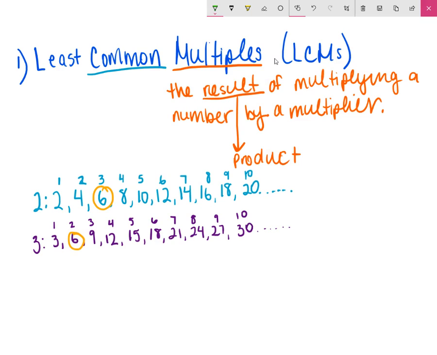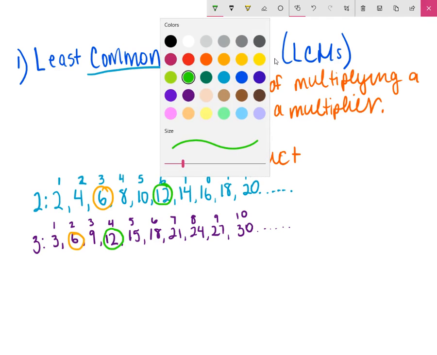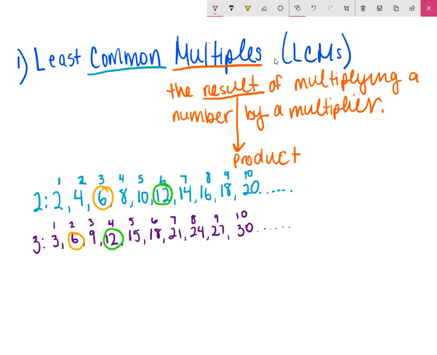I don't see 10. How about 12? I do see 12 among the multiples of 3. Let's circle 12 for both 2 and 3. Let's see, 14. I don't see 14 among the multiples of 3. I don't see 16, but I do see 18 among the multiples of 3. So let's circle that. And 20, I don't see among the multiples of 3.